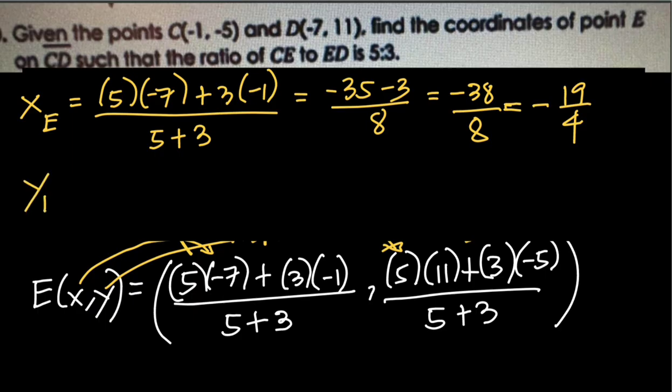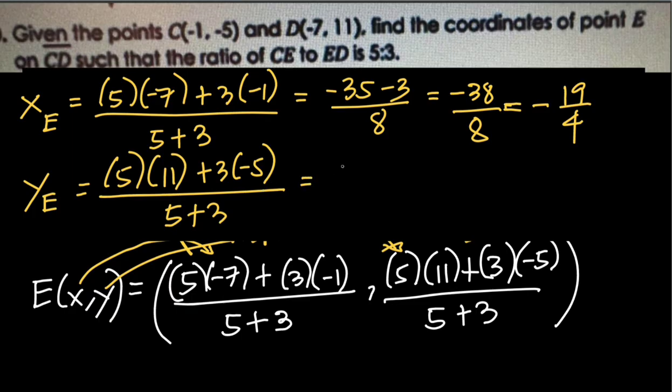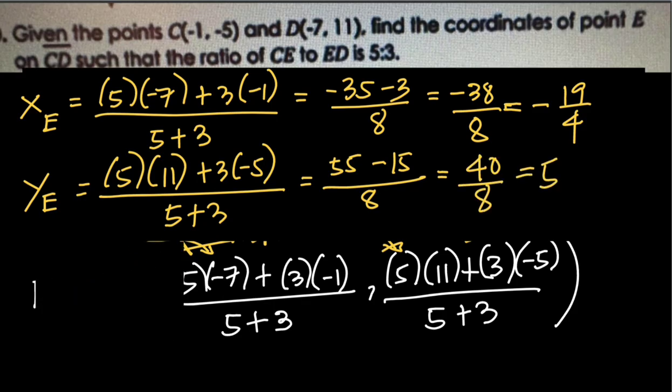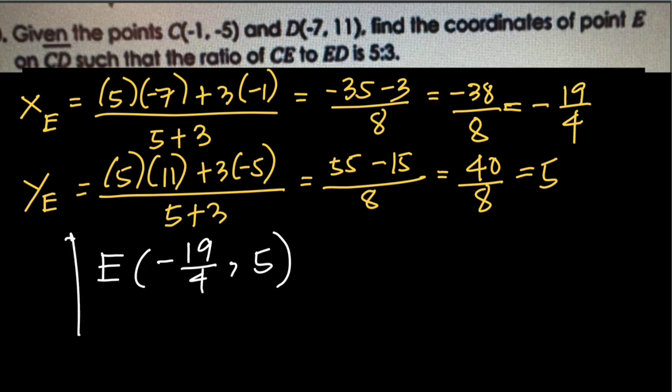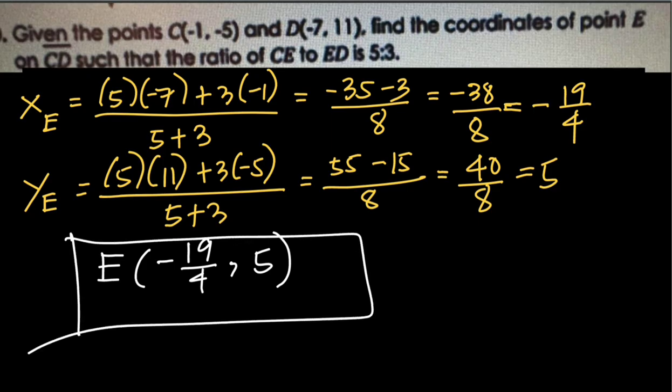For the y-coordinate of point E, this is 5 times 11 plus 3 times -5 over 5 plus 3. So this is 55 minus 15 over 8, which is 40 over 8, which is just equal to 5. Therefore, point E has coordinates (-19/4, 5). So this is the final answer.